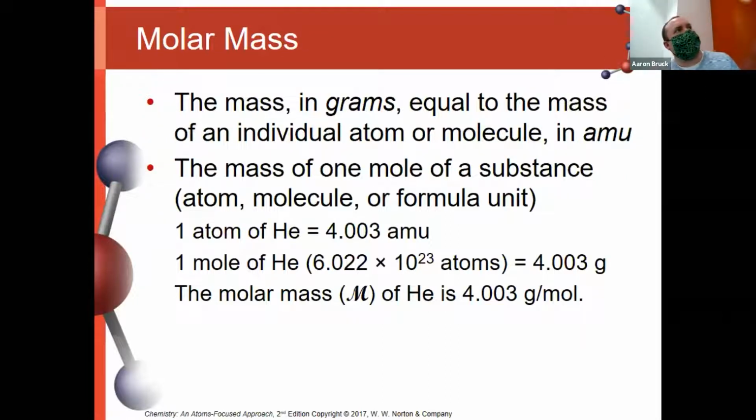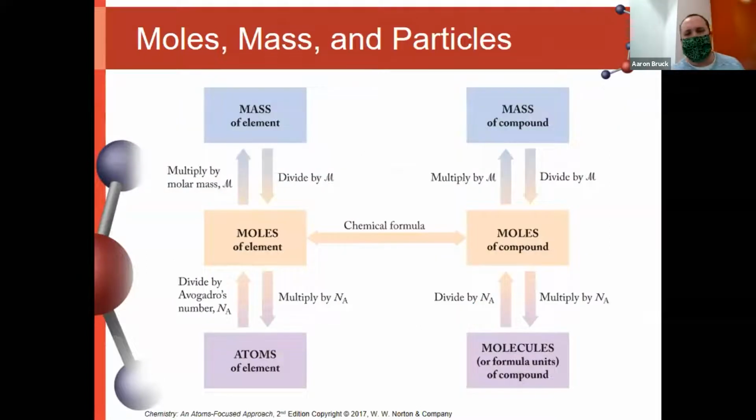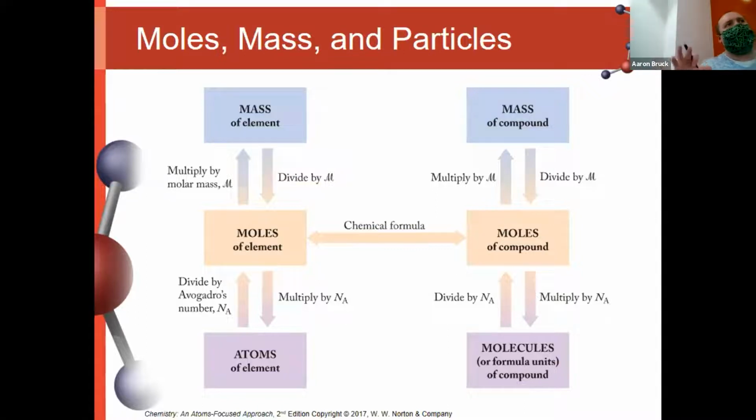Again, bringing up the concept of the molar mass, using our periodic table to tell us masses in grams instead of masses in AMUs. And we can summarize all of the different kinds of calculations that we can do with this. This graphic here shows us all of the different combinations of calculations that are possible.